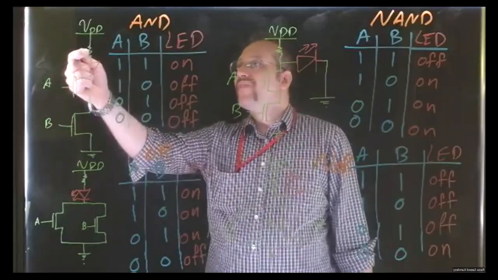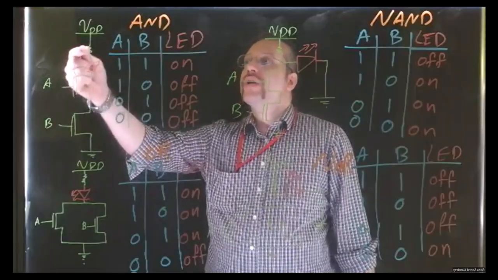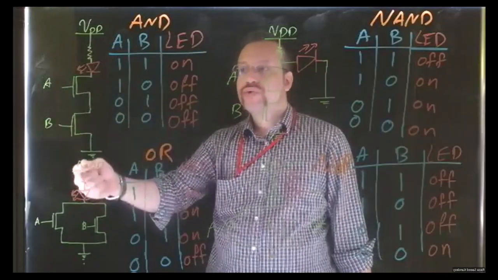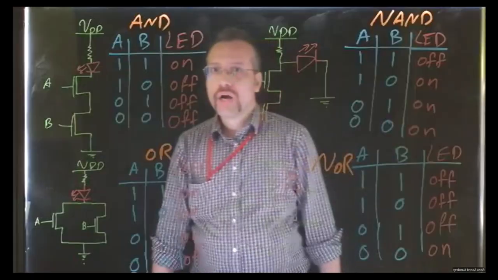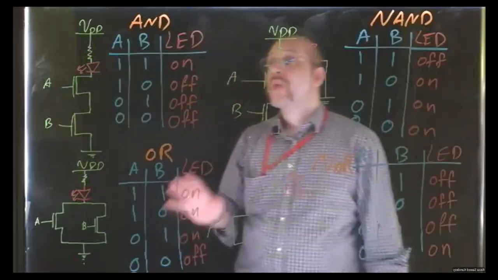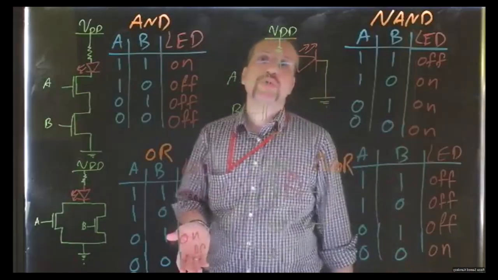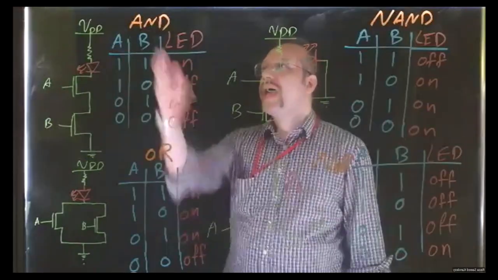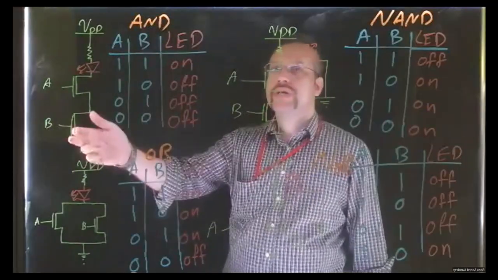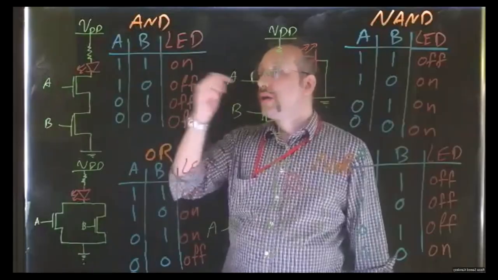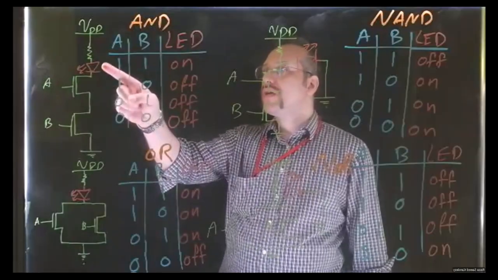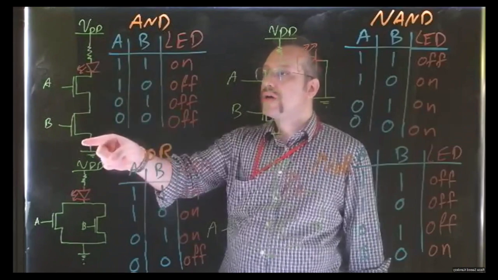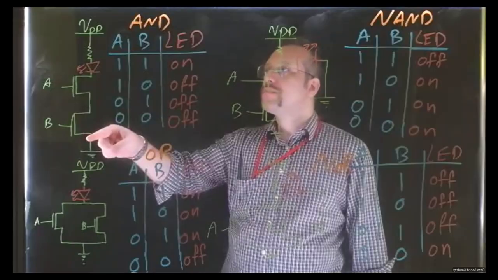And we have a resistor here in order to limit the current that passes through these components. Now, the indicator that we use to see the output of the logic circuit is the LED that we connected in series with those MOSFET block.